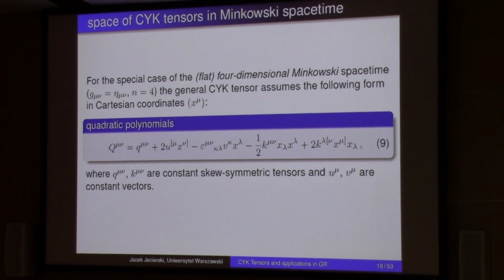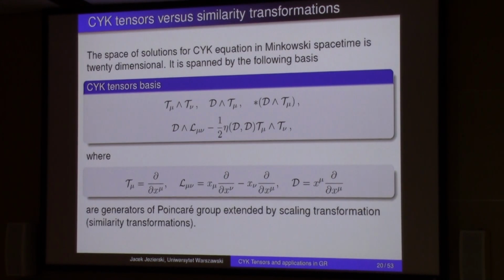Okay, so this is the explicit general solution in Minkowski in Cartesian coordinates, so quadratic polynomials, as I told you. You can think about two-forms, but you have a matrix, so you can think about bivectors, doesn't matter. What is nice about this is that to construct the full space of solutions, we need only similarity transformations. Those conformal accelerations are not needed.